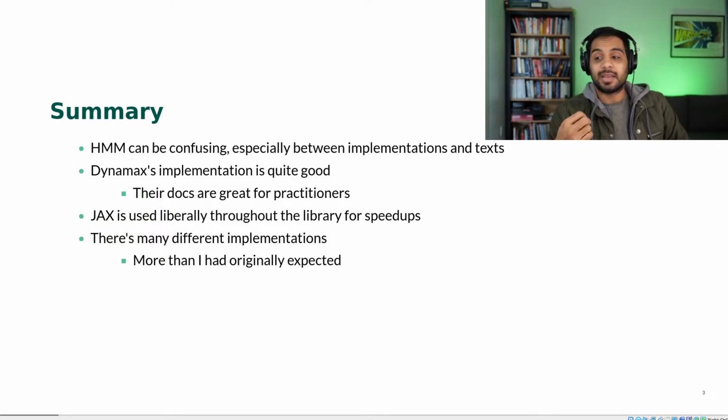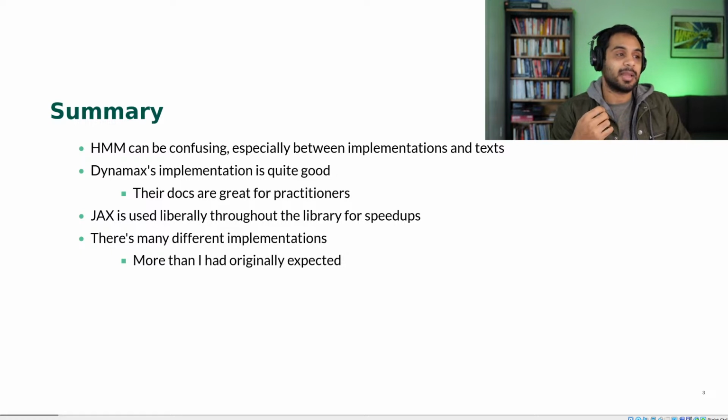I do like Dynamax's implementation. I've now spent a lot of time with the library just in the HMM module, and there are a number of things I like, which I'll show you, and I'll explain why. There are a couple of implementation patterns that make sense if you're an expert, but as a beginner were a little challenging. We can talk through that as well.